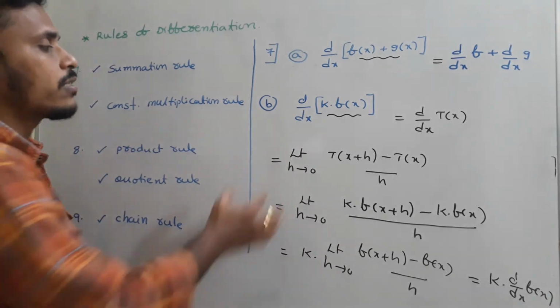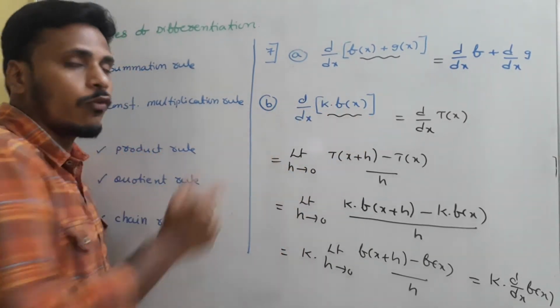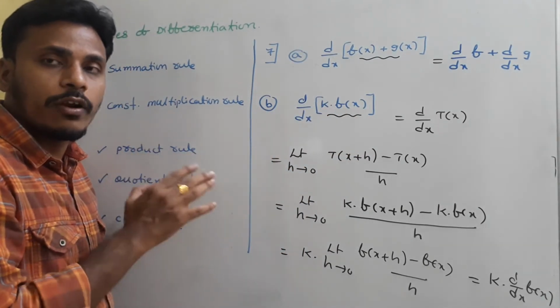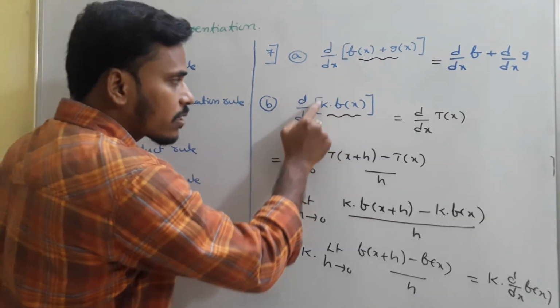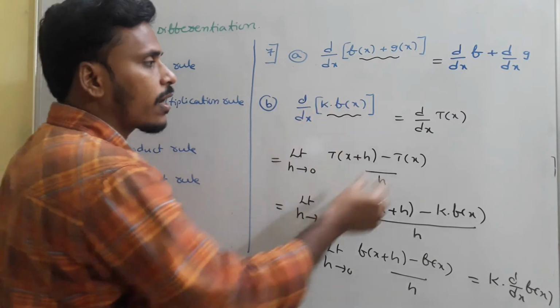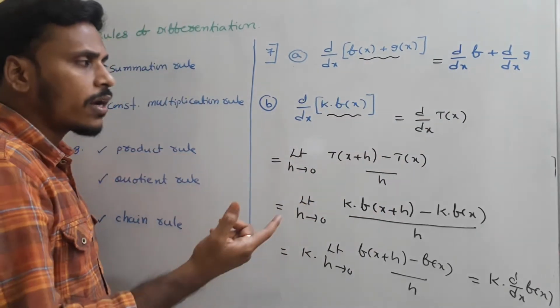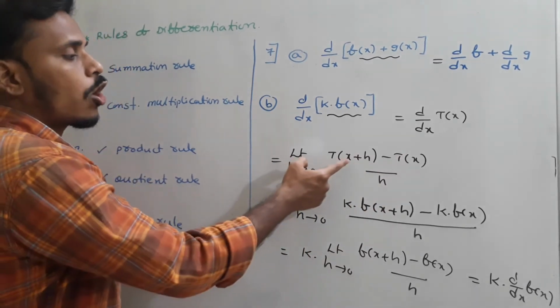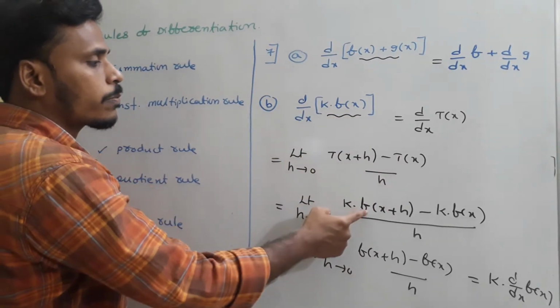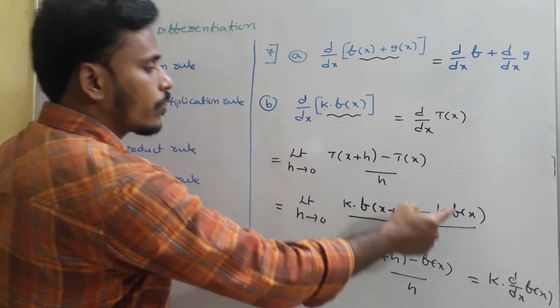So first of all, d by dx of k into f of x we need to find. To find the rule or derivative of anything, we need to go with the definition method. So take this k into f of x as some other function like t of x. What is its derivative? This is the formula. T of x plus h is replacing x with x plus h, and t of x means replacing x with x.